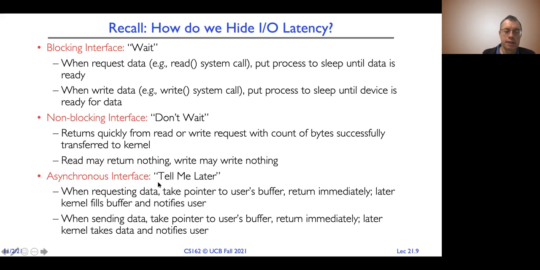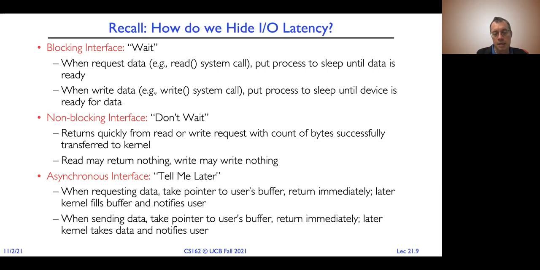And an asynchronous interface is "tell me later." Like the non-blocking interface, it returns immediately, because in this case, for instance, when you read the data, you allocate a buffer, you give the pointer of the buffer, and tell the operating system basically to put the data when available, starting from this pointer in the buffer, and then let me know.